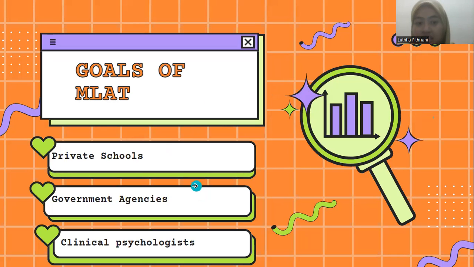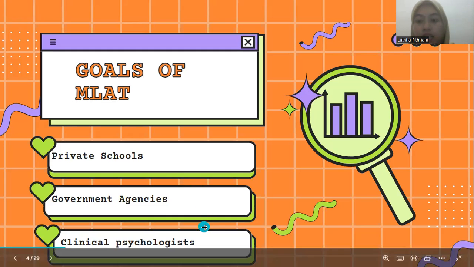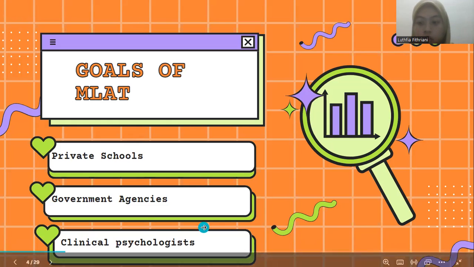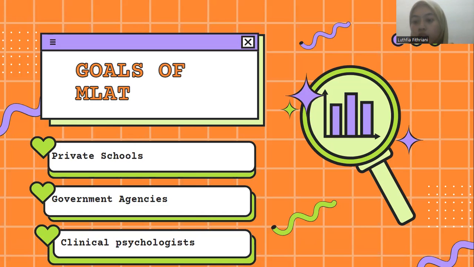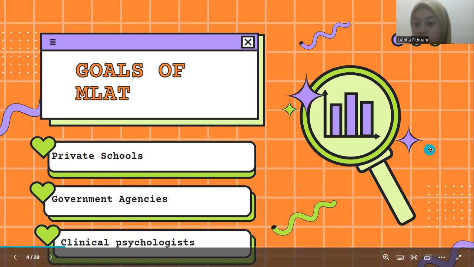The government agency conducts a language aptitude test for identifying personnel who would benefit the most from the time and expense of an intensive language training program. And the third is clinical psychologists. Clinical psychologists conduct a language aptitude test for determining if a student has a foreign language learning disability or not.